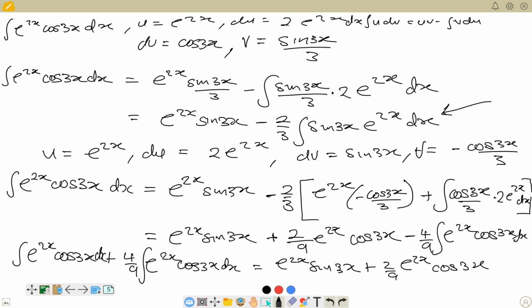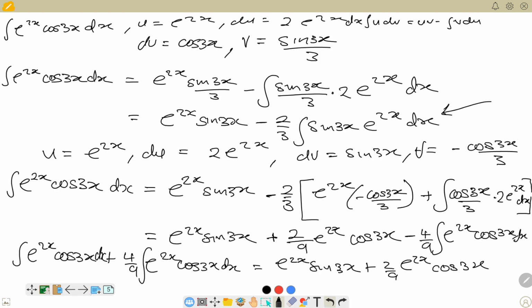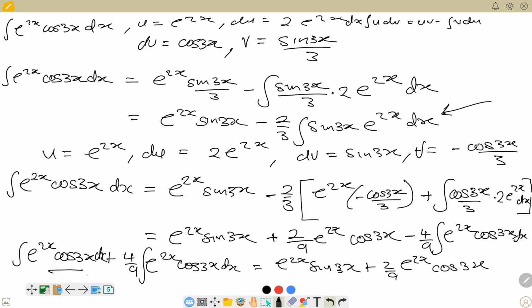What we need to do is to make our integral the subject of the formula. So let's write on another page, perhaps. Here we can factor out the integral of e to the power 2x cos 3x.